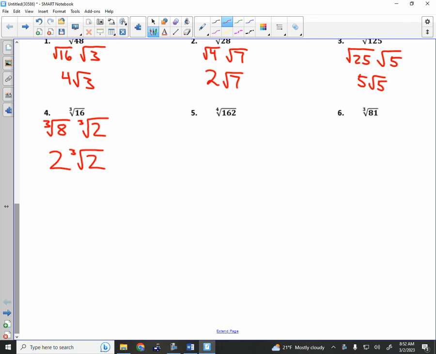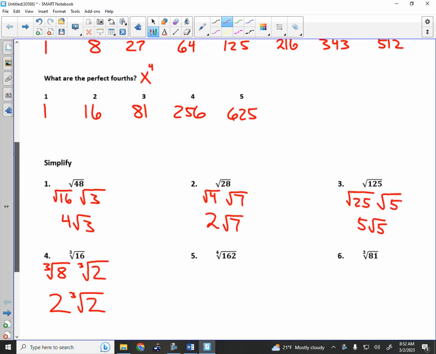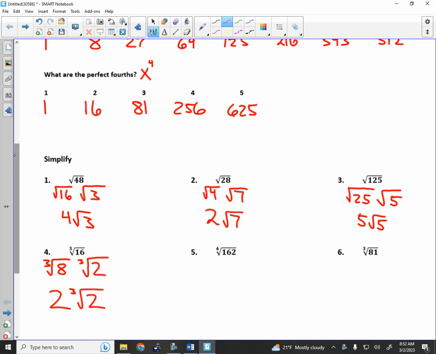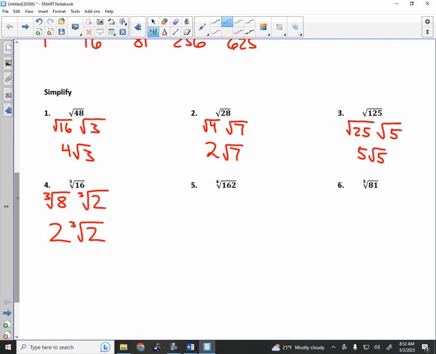Number 5 is different because you have a 4th power, or a 4th root. So I look at these. Which number up here divides evenly into 162? 81 goes in how many times? Twice. So I have the 4th root of 81 times the 4th root of 2.